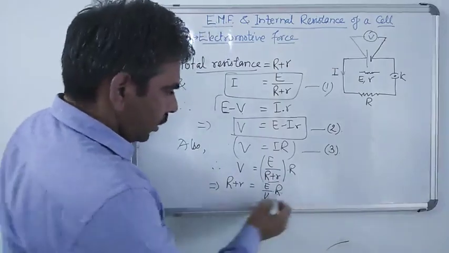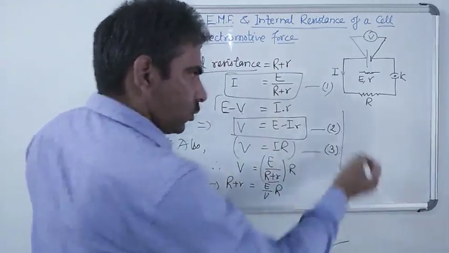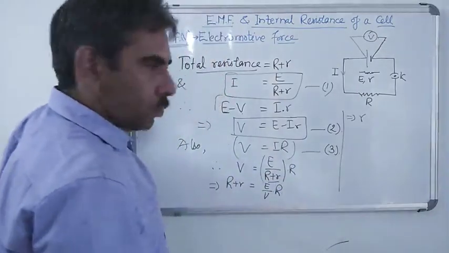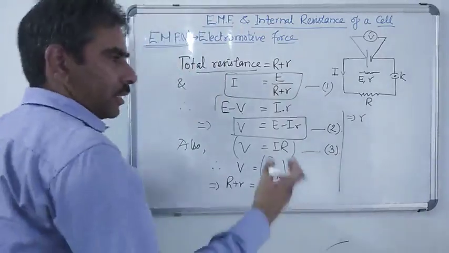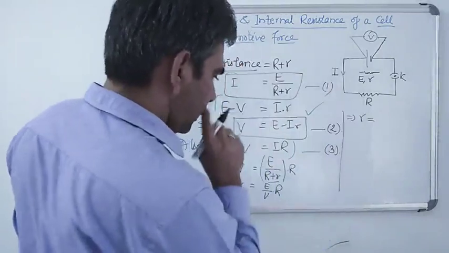And further, let me just write it here. Whenever we take capital R also to the right side, on the left hand side we are left with only small r. So we are getting the formula for the internal resistance of the cell. We can also calculate it from here.